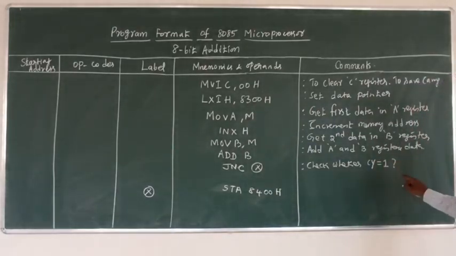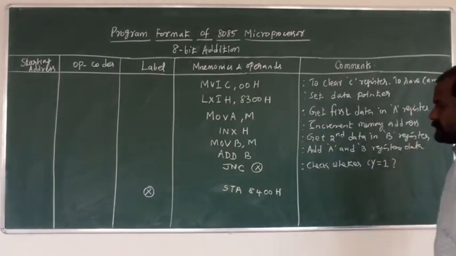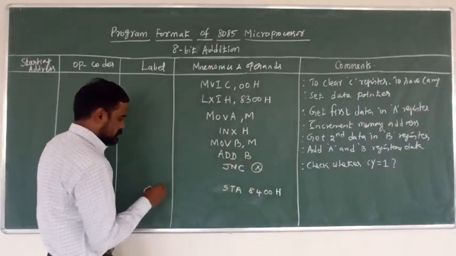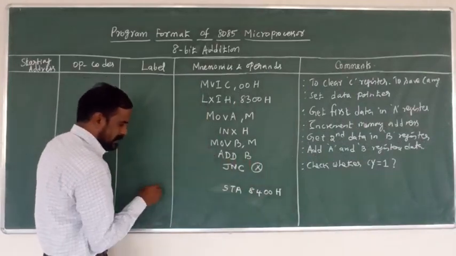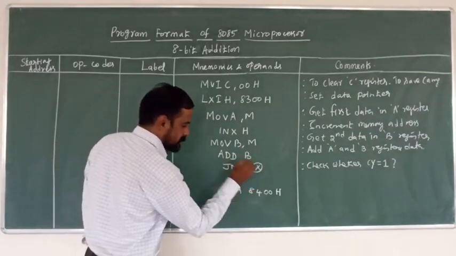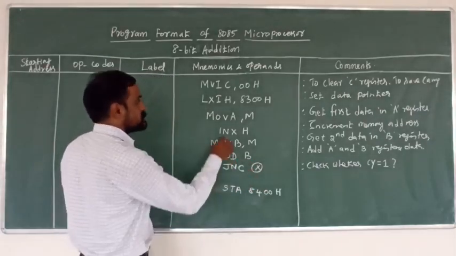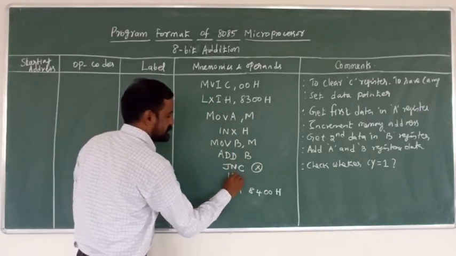If the result is no carry, jump to this address location and store the sum. Suppose the result is carry, then we have to increment the C register content a single time.